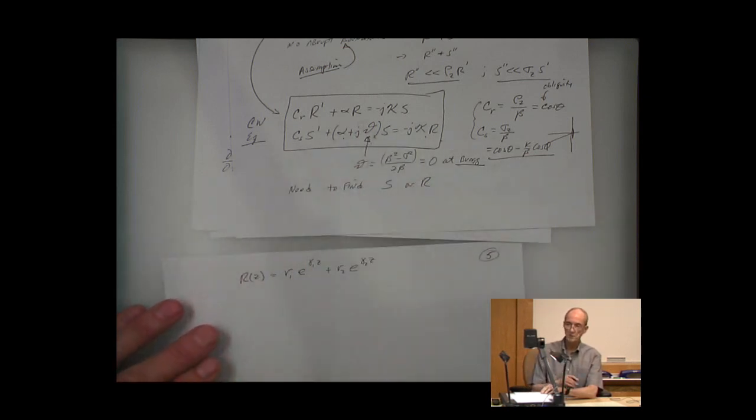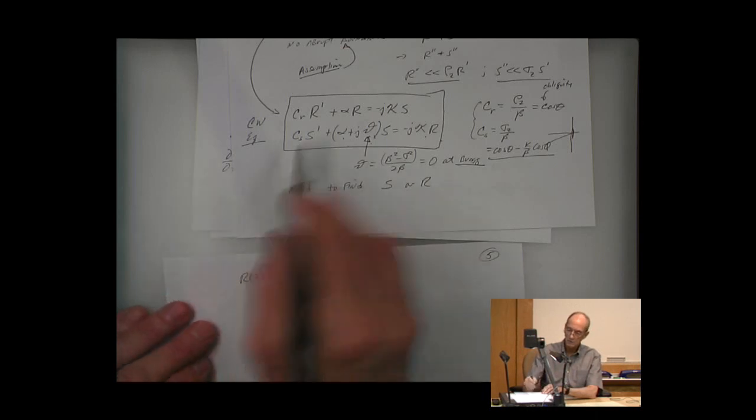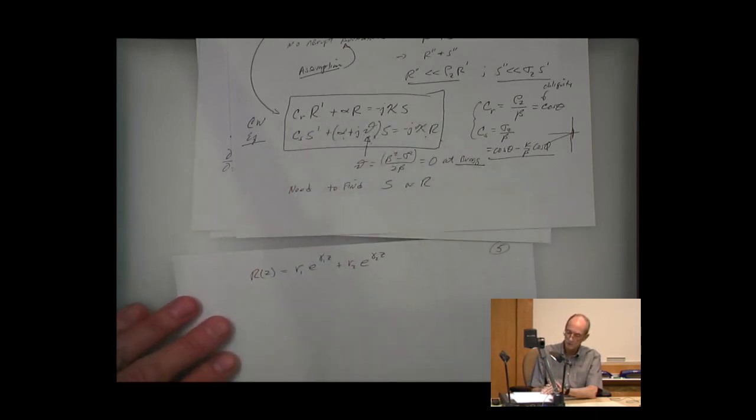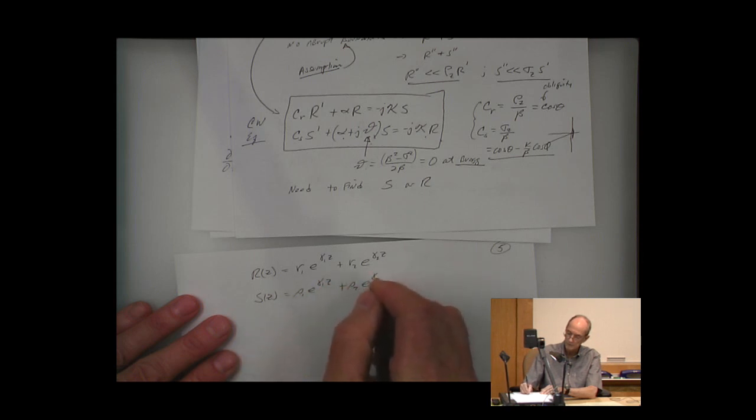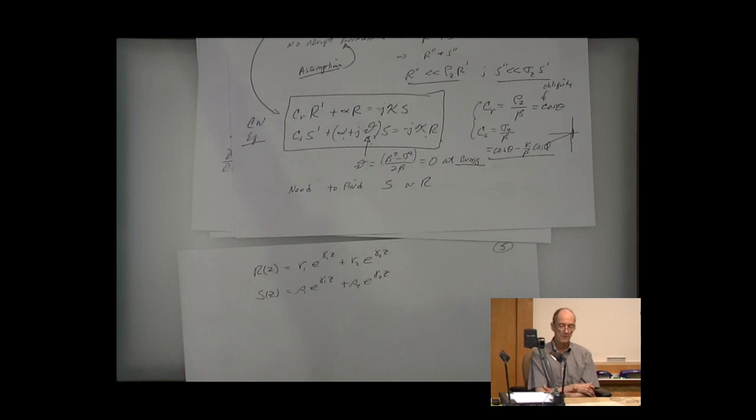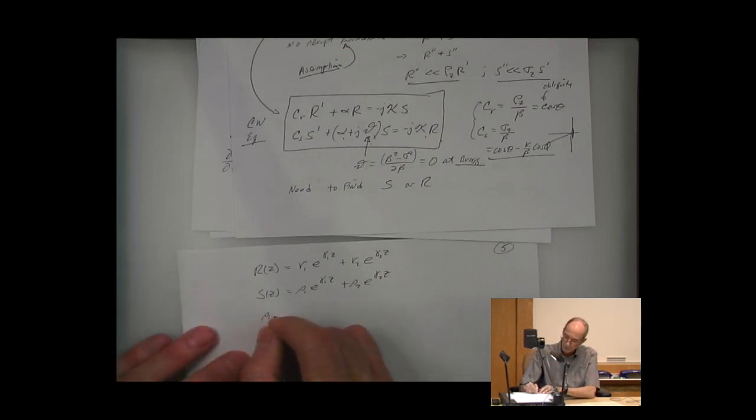From our differential equations classes years ago, we know that that is the solution to a first-order differential equation. And similarly, S of z is equal to S1 e to the gamma 1 z plus S2 e to the gamma 2 z.